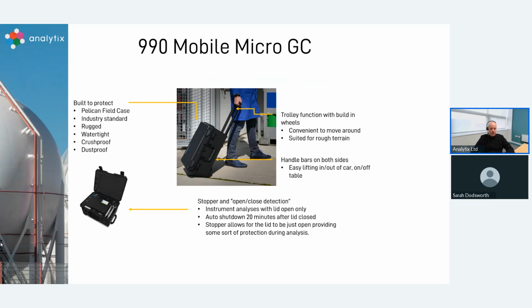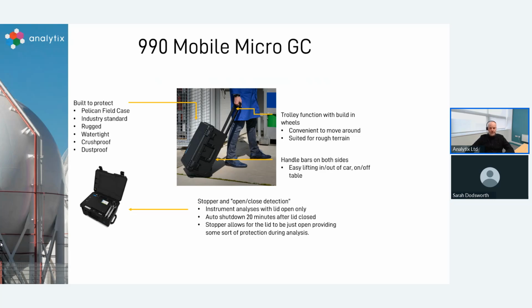These are sent to all sorts of areas out in the field, to offshore. They can be transported anywhere easily because the trolley function with wheels makes it very easy to move around and to lift as well. The system has what we call a kill switch essentially. So the stopper is there so that if it's closed, it'll turn off. If it's open, it can start to run.